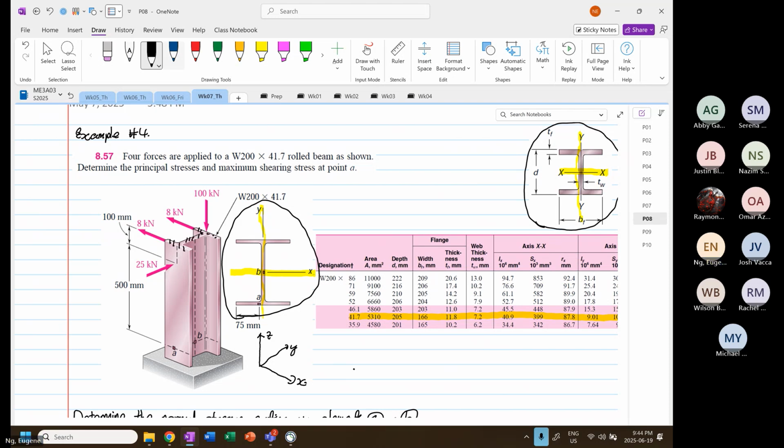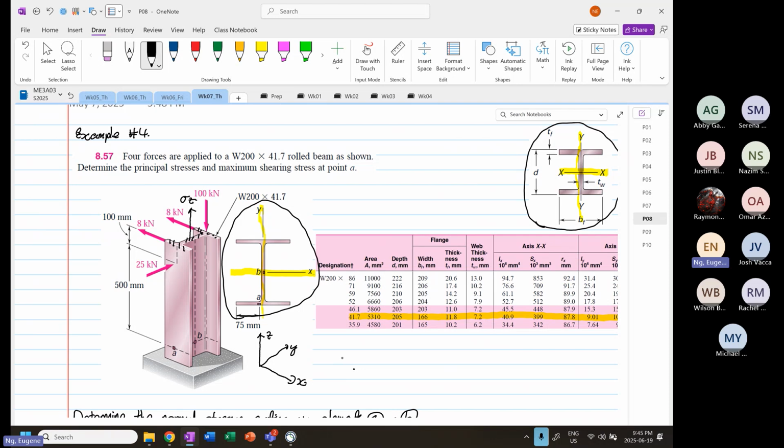And if that face will break, what we're interested in is the stress in the Z direction.